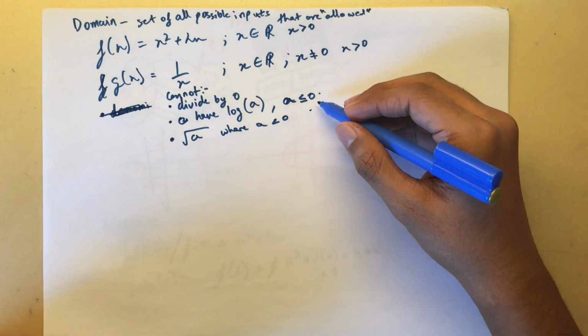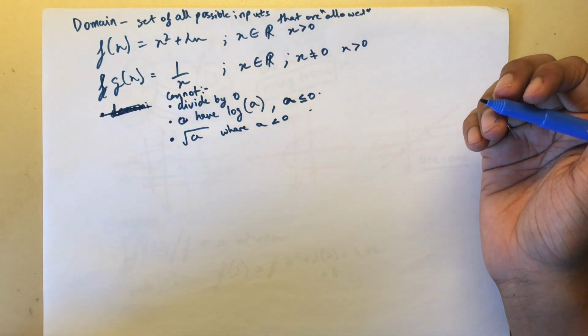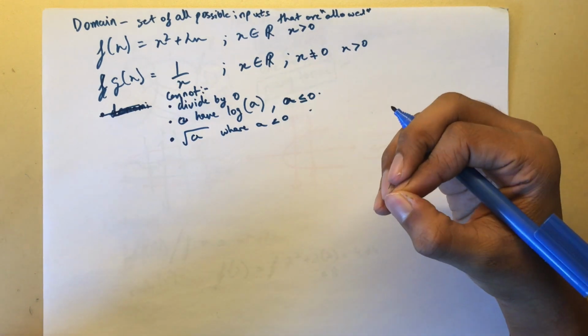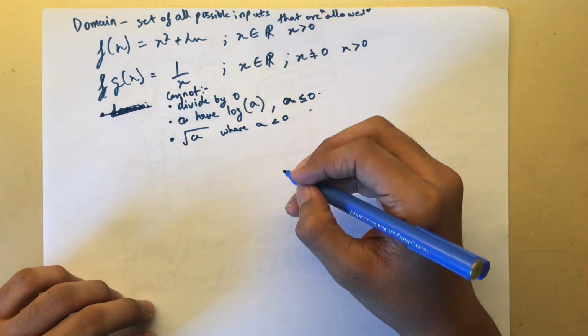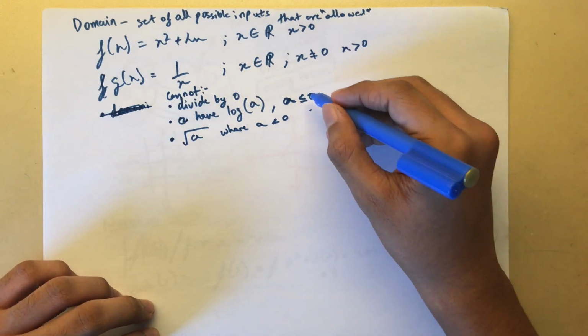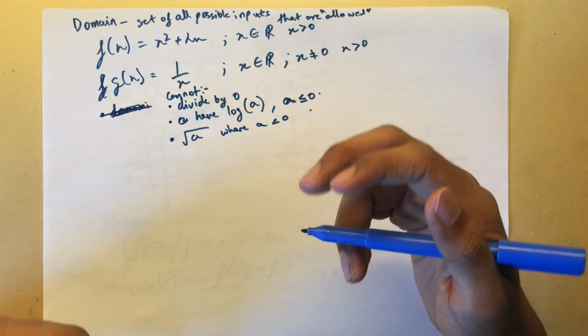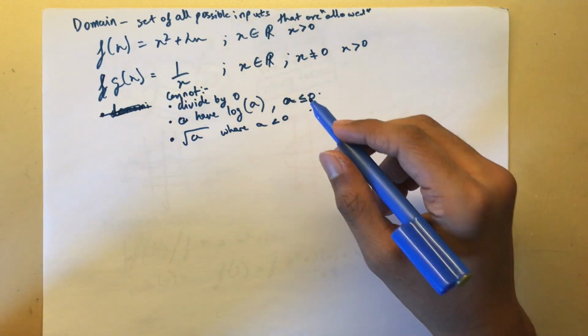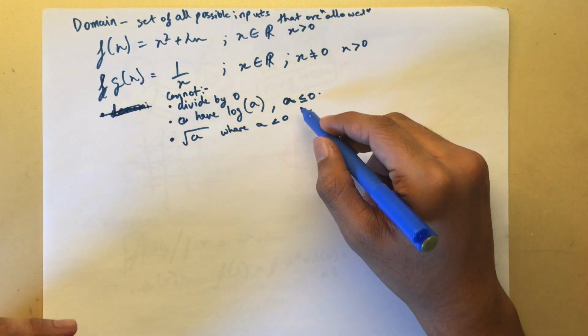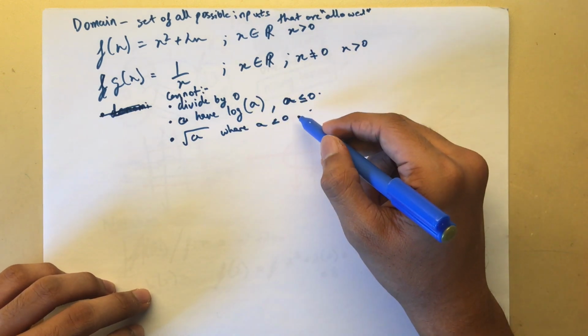We know that these can exist, but just in the form of complex numbers. But we are only looking at this from a real number line to another real number line, and in that case, this wouldn't exist. That's why these three things are giving us, so to say, a mathematical error. And so we cannot have a domain that gives us any of these values.